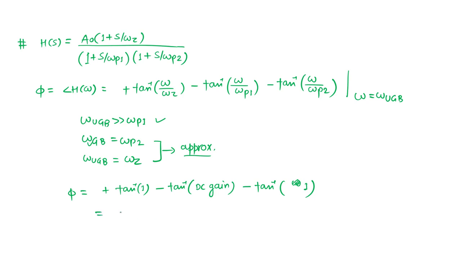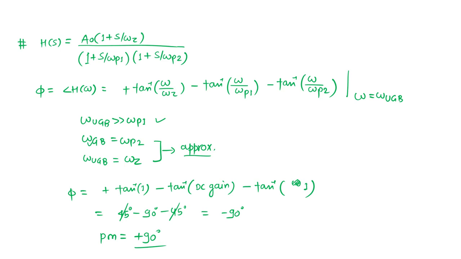So what is this? It is plus 45 degree, minus nearly 90 degree, minus 45 degree, so it is cancelled. It is coming as minus 90 degree, which is giving me a phase margin of plus 90 degree.